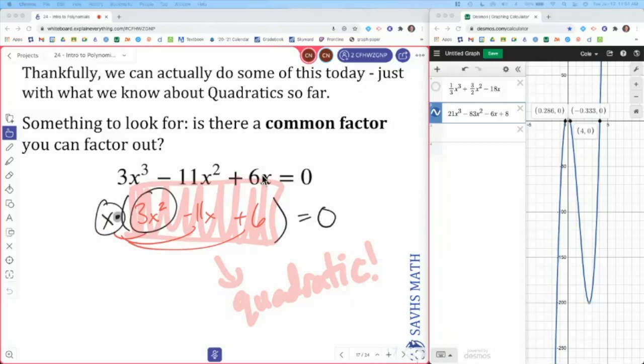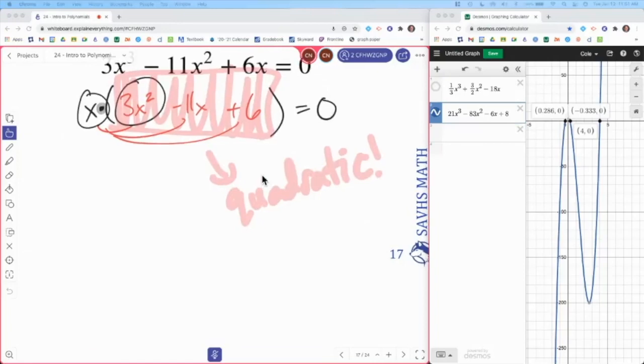It's invisible, but it's there. So I have two things multiplied together that are equal to 0, and I can apply the zero product property. I can say ZPP. I can say x equals 0, or I can say 3x squared minus 11x plus 6 equals 0. But check this out. This is a problem from last unit.